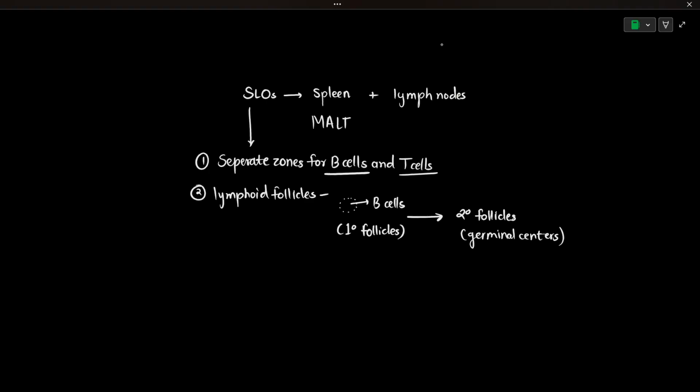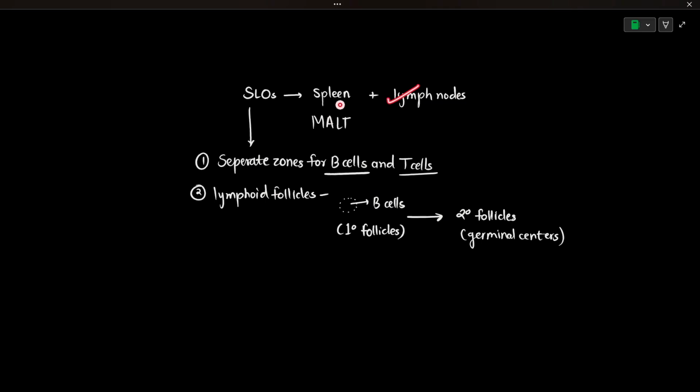But there is a difference, right? First of all, those are different organs and they are situated at different locations. But other than that, there are a few differences between those secondary lymphoid organs, and that is about organization. The spleen and lymph nodes are highly organized tissues, which have a fibrous capsule that encapsulates those organs.